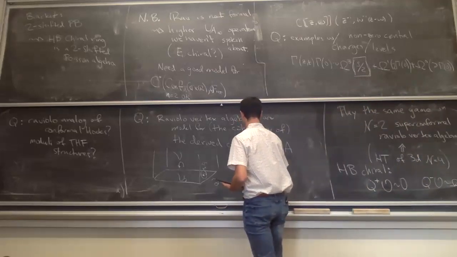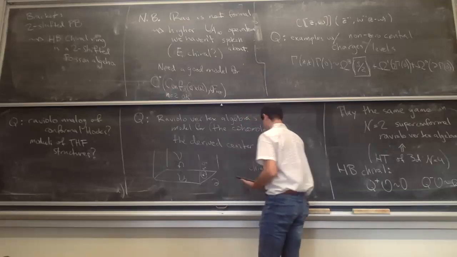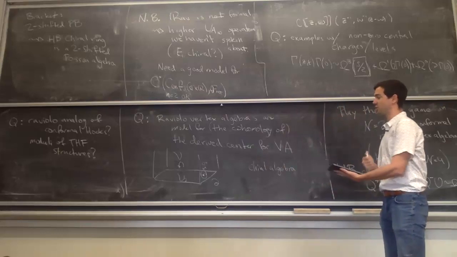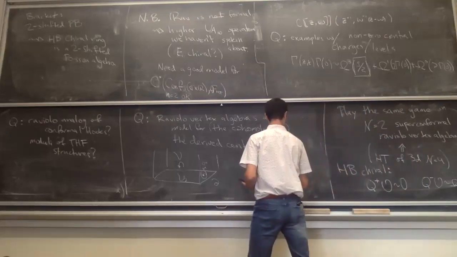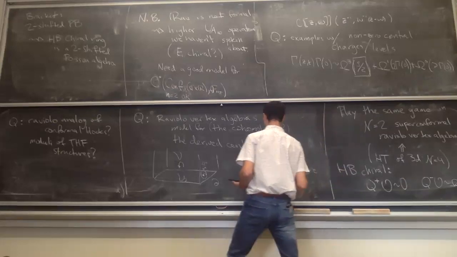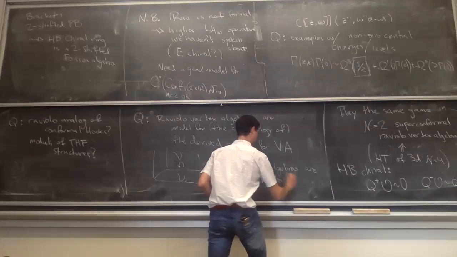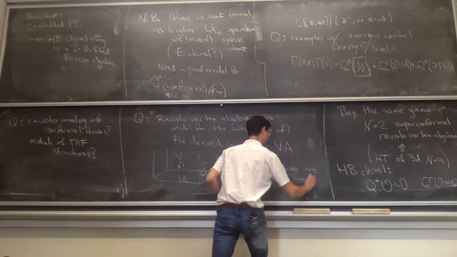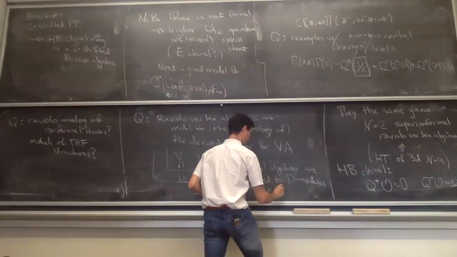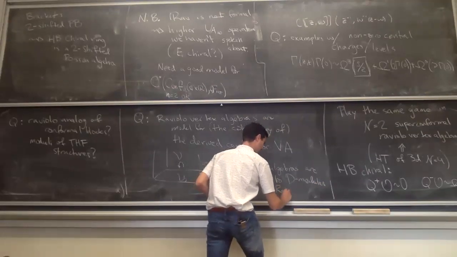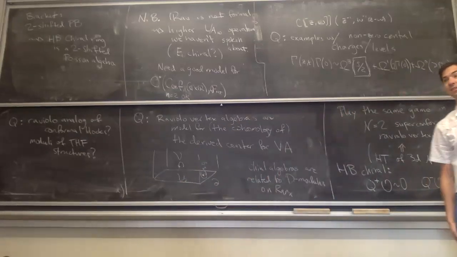A chiral algebra, rather than being some statement about algebras of local operators acting on themselves, is related to certain D-modules on a thing called the Ran space of a complex manifold X.